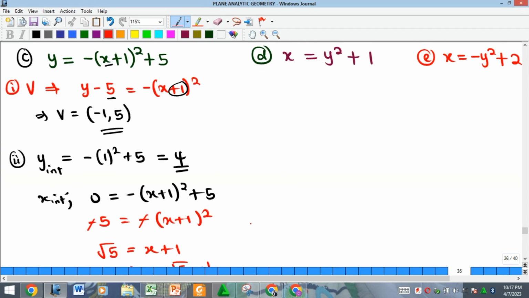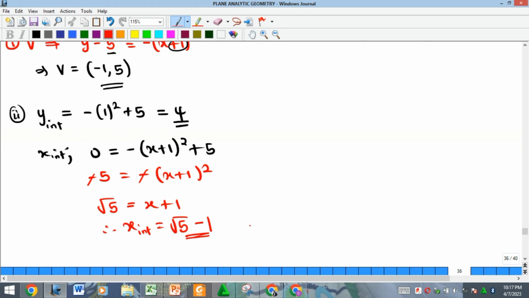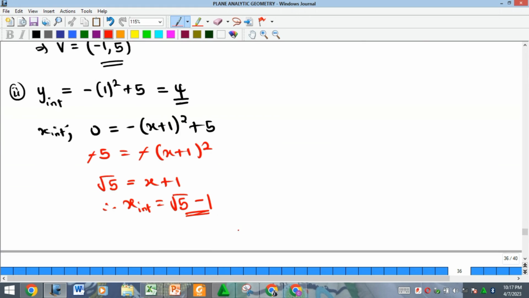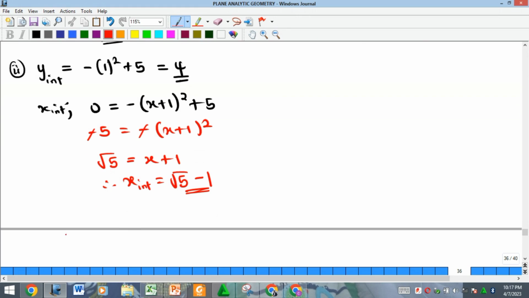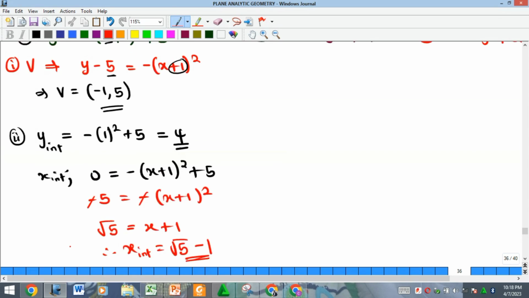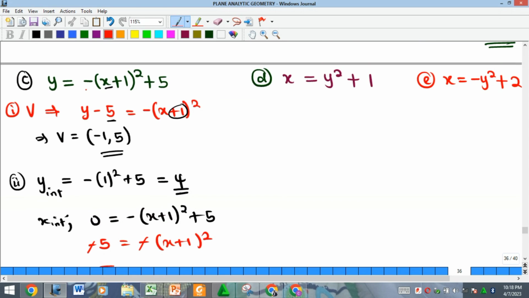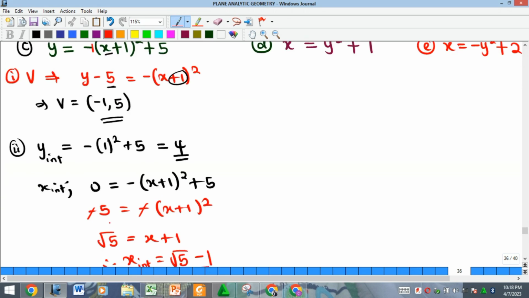So we have gotten the x-intercept. What about the c? We are also asked to find the c for that example. Remember the relationship, a is equal to 1 all over 4c. Our a for that example is just the coefficient, which is negative 1.